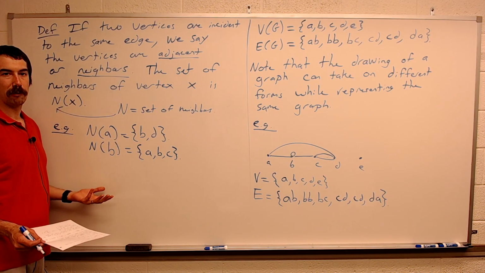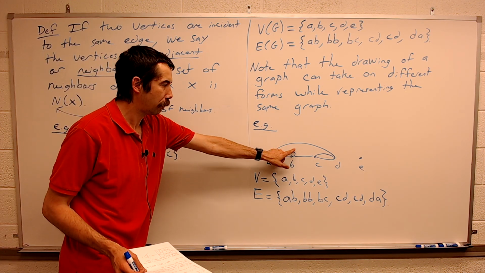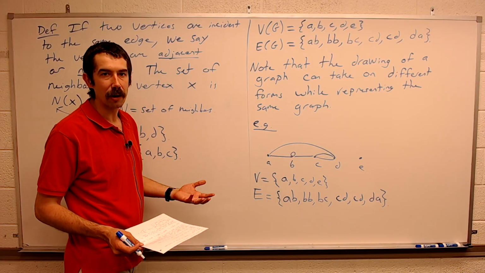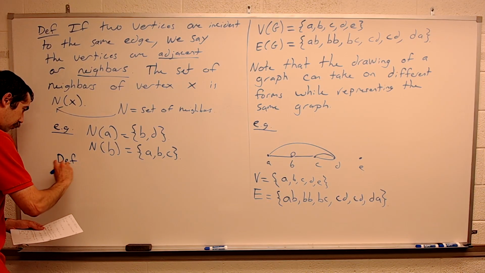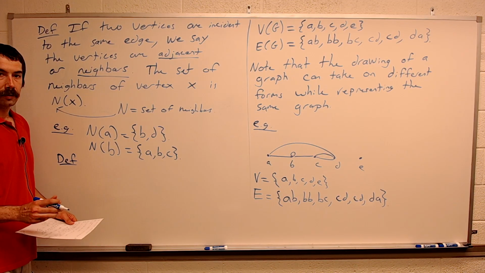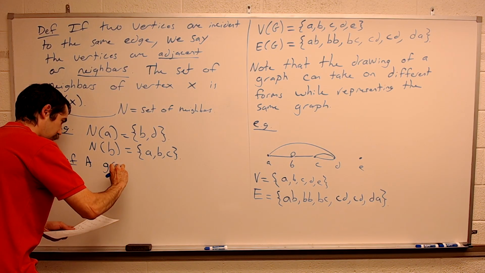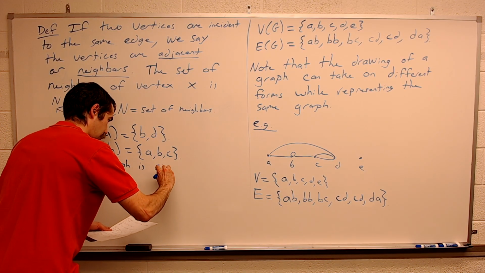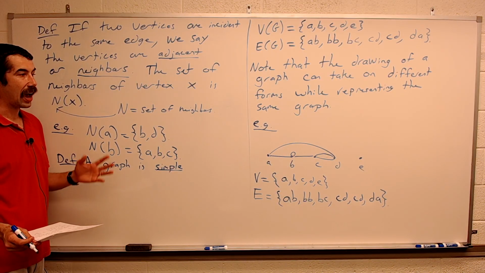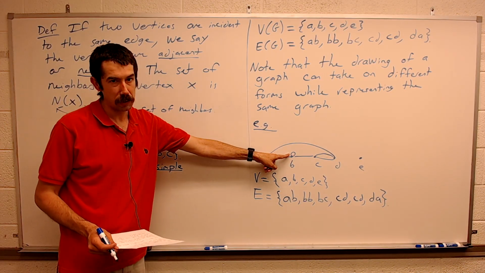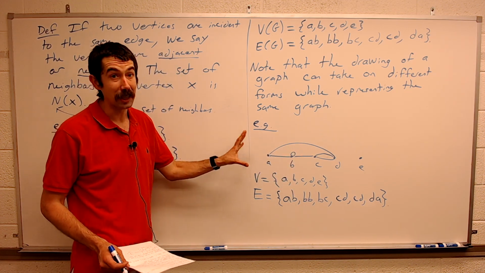All right, so it is possible for a vertex to be its own neighbor, and that's if there's a loop. In this case, we have a loop. And so B is its own neighbor. We call a graph simple if it has no loops and no multi-edges. So this is especially not simple.